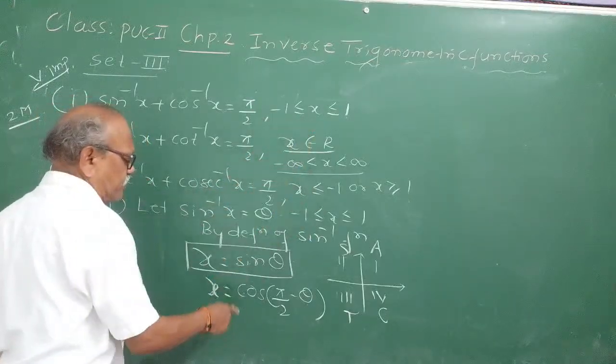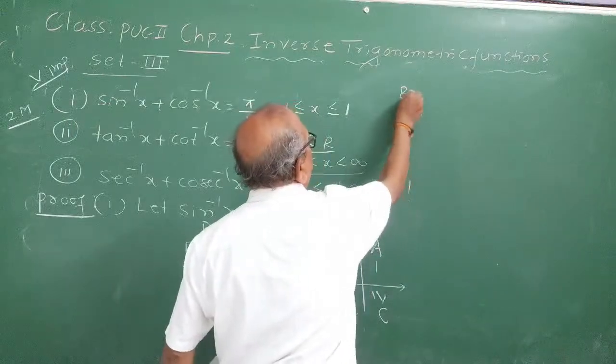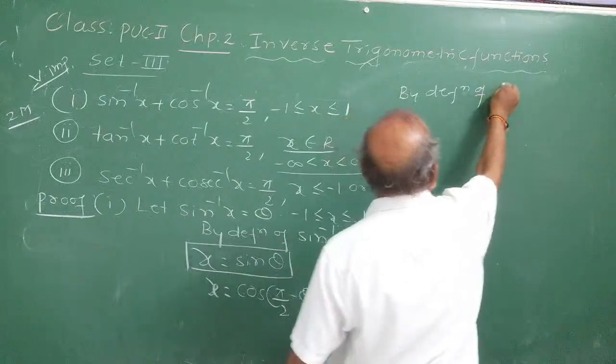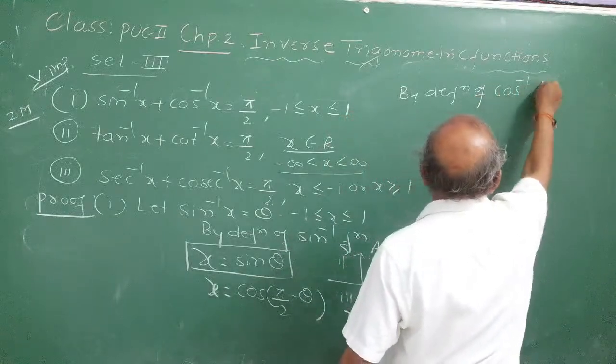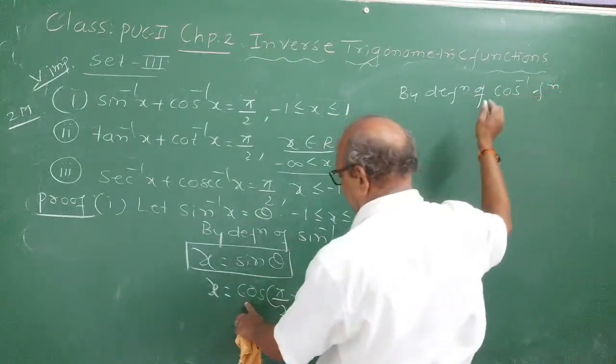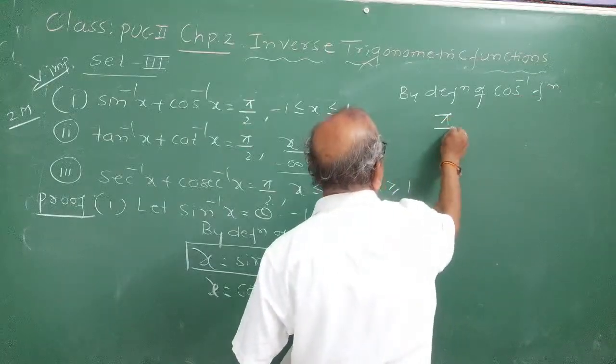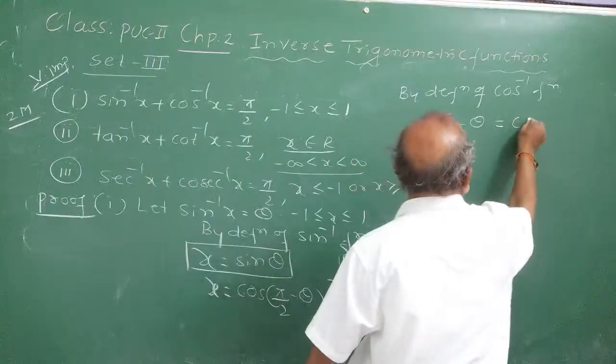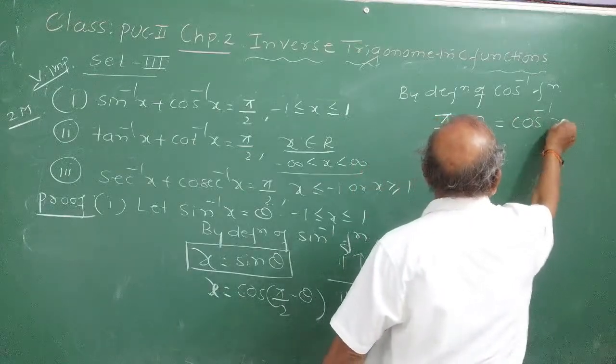This condition is satisfied by definition of cos inverse. By definition of cos inverse function, can I write it as pi by 2 minus theta is equal to cos inverse x? Observe.